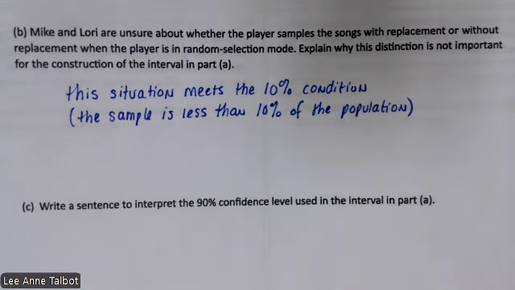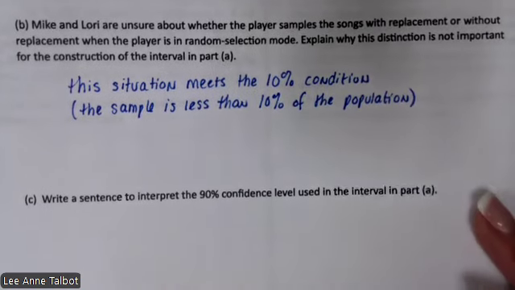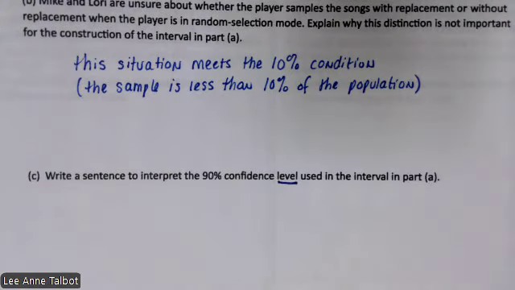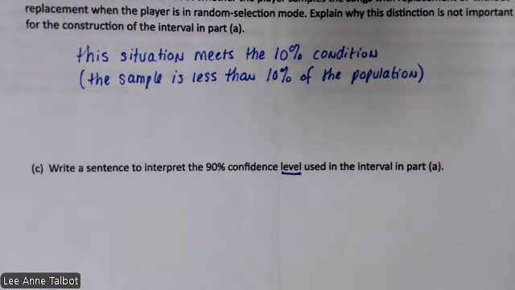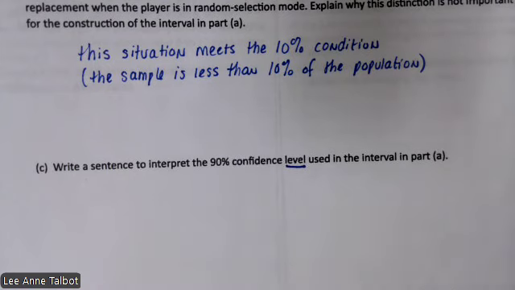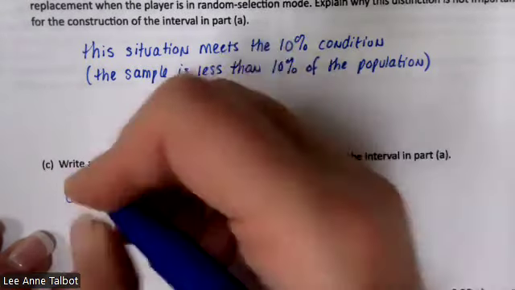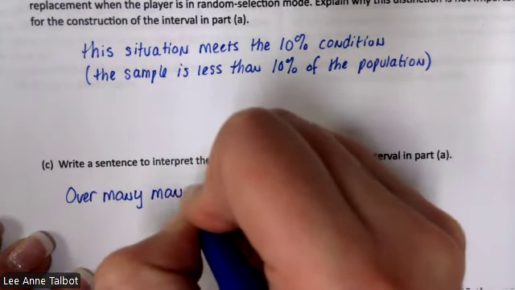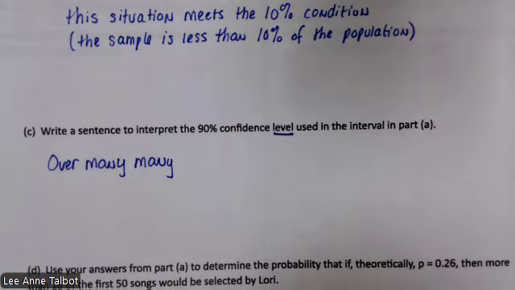Okay, part C. Write a sentence to interpret the 90% confidence level used in the interval in part A. This is that long, terrible sentence that I told you were going to have to memorize this chapter. Does anybody remember how it starts?